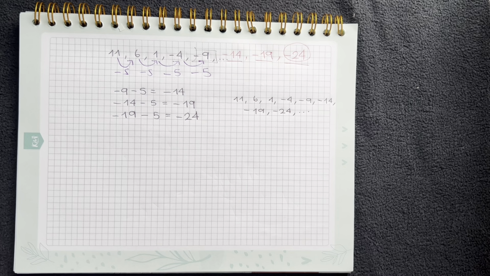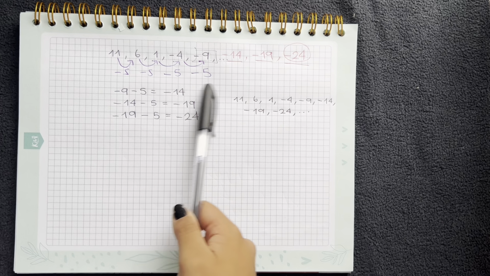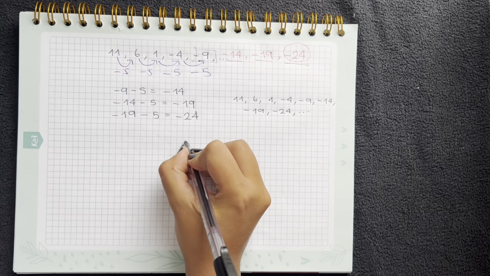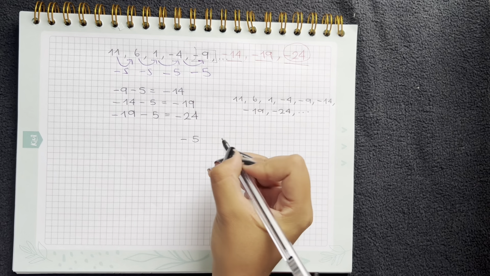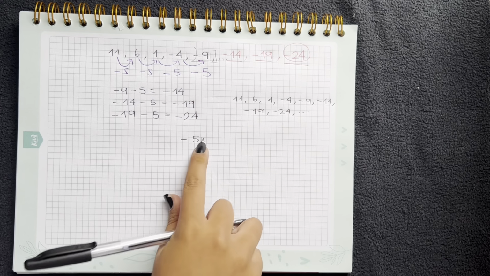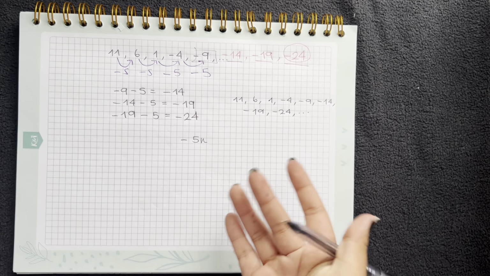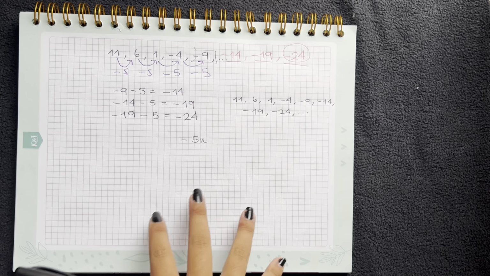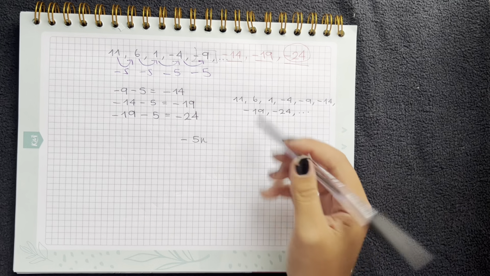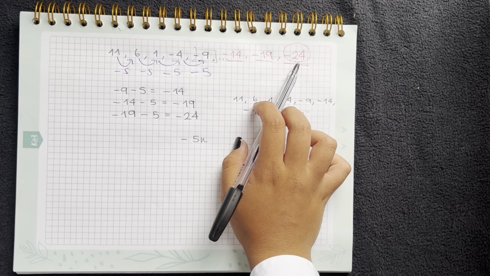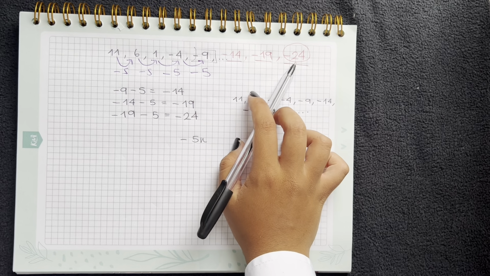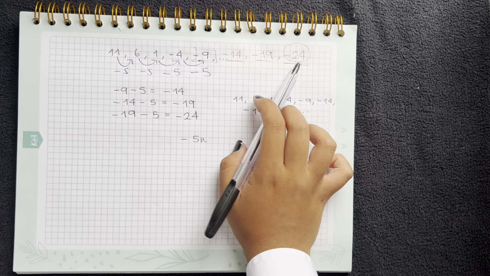Now we can also find the n term, the formula for the nth term, which in this case, remember that the difference is minus 5. So the first thing we're going to write is minus 5, the n that is representing the position of the term that we're looking for, and from that we can start. Let's take as an example the last term that we found. In this case, it is the 8th term of the sequence.